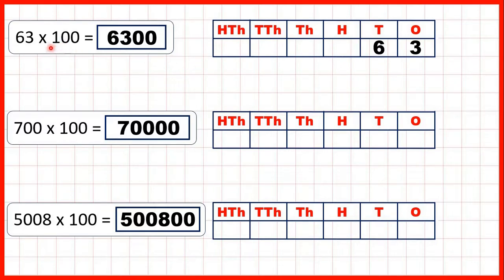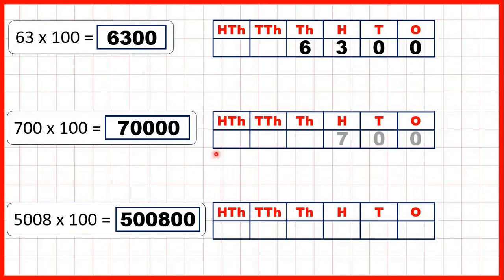So if we're multiplying by 100, that's like multiplying by 10 twice, and that's why the digits move 2 places to the left. But to make it clear that the 6 is now in our thousands and the 3 in our hundreds, we need to write zeros in our empty place value columns for our tens and ones.